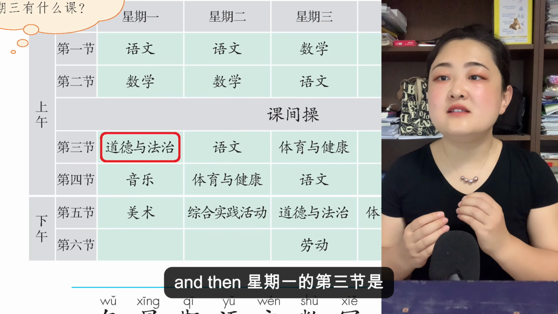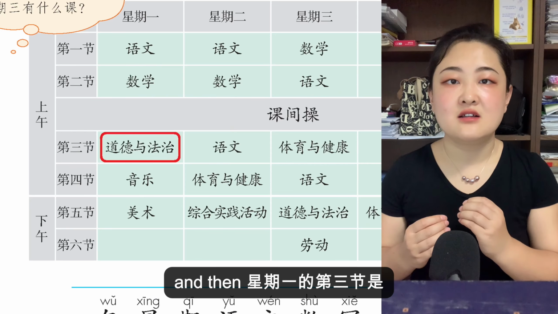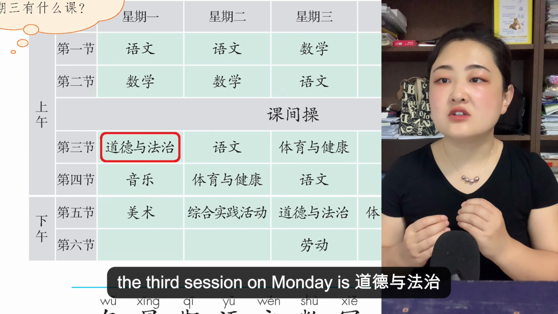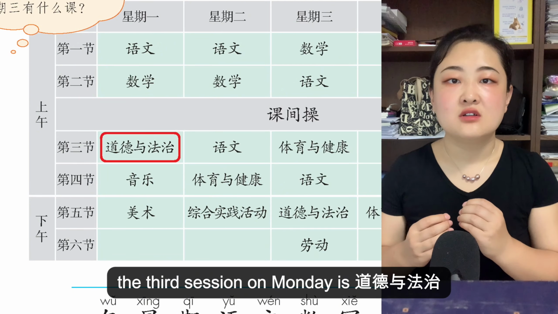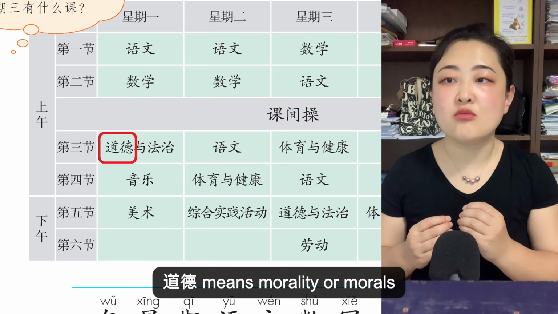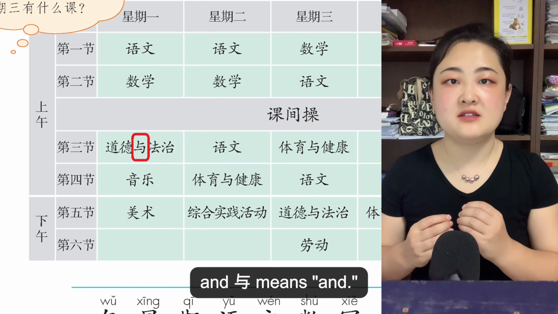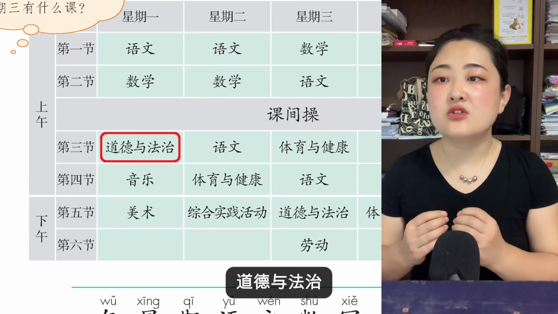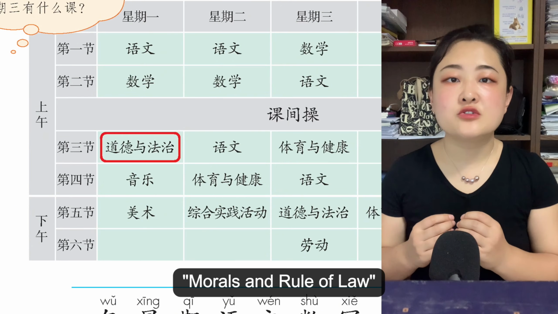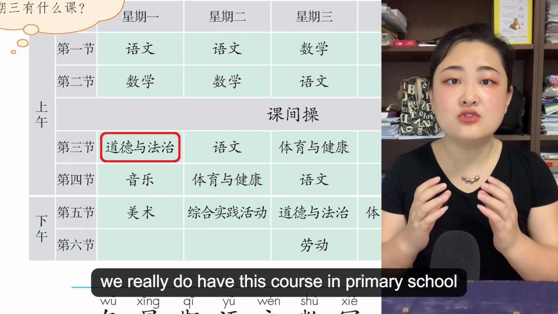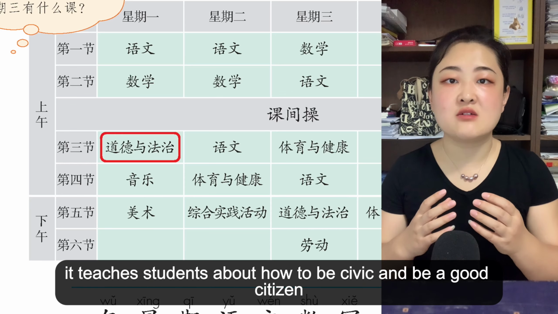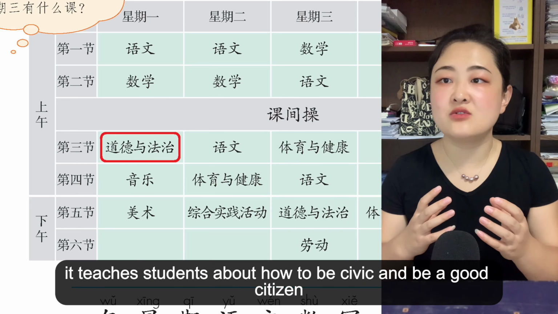And then 星期一的第三节是 the third session on Monday is 道德与法治. 道德 means morality or morals, and 与 means and. 法治 rule of law. 道德与法治 morals and rule of law. We really do have this course in primary school. It teaches students about how to be civic and be a good citizen.